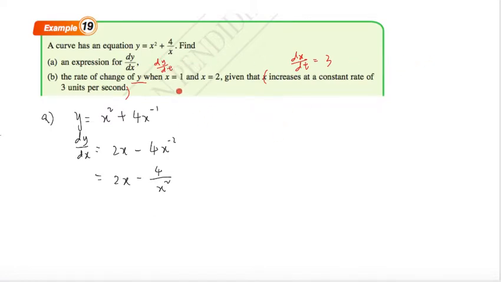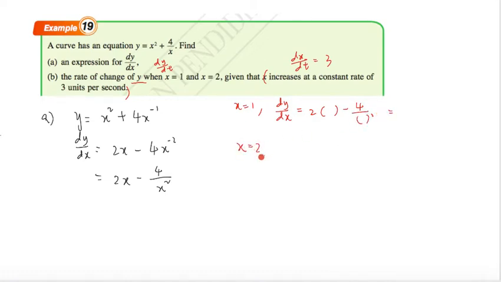Okay? And when x equals 1 and x equals 2, you substitute inside the rate of change. That means two different cases. When x equals 1, substitute into dy/dx, 2x minus 4 over 1 squared.